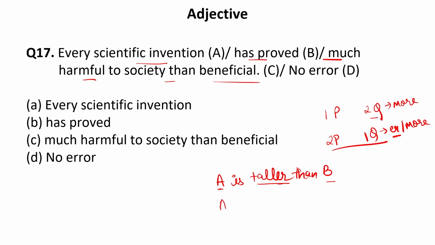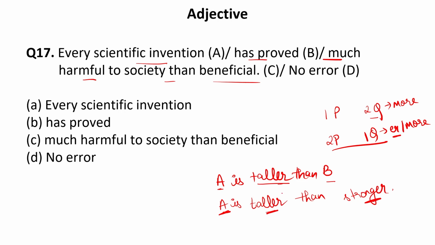But if I say A is taller than stronger, now in this sentence, only one person is there, which has two qualities, tall and strong. So his one quality exceeds another quality.